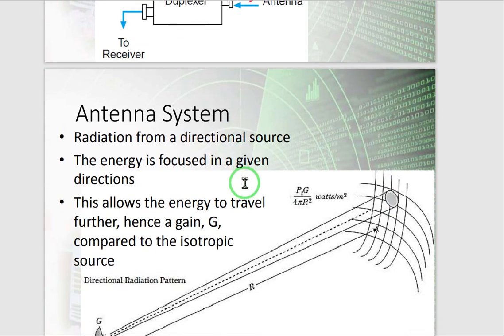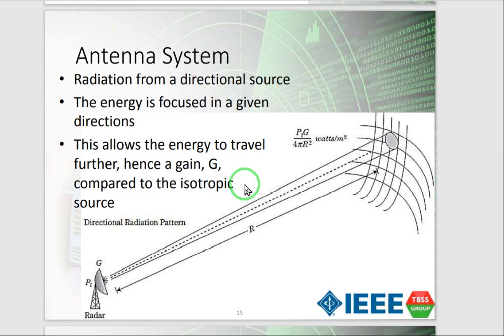So moving forward to the antenna system that is used in the radar to transmit or receive the signal. The antenna system basically used in the radar is the directional antenna.